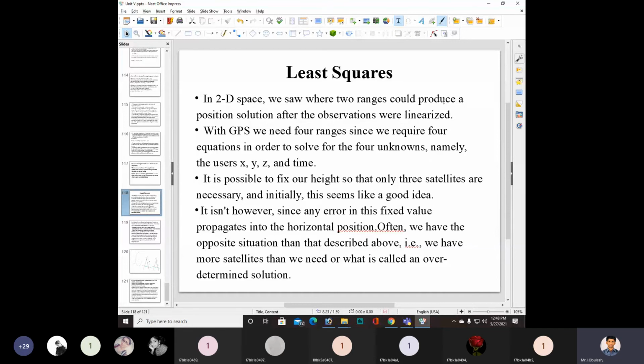It is possible to fix our height so that only 3 satellites are necessary, and initially this seems like a good idea.